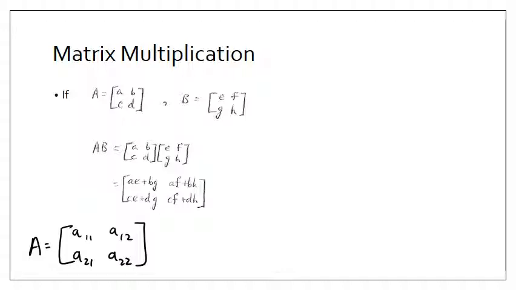So for the first row, first column, you multiply the first row of the first matrix and the first column of the second one. That's why you get this. Similarly, to find this element, it'll be the first row of the first one and then the second column of the second one. That's why you have this one.